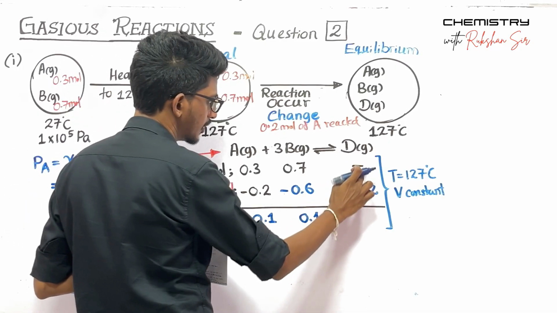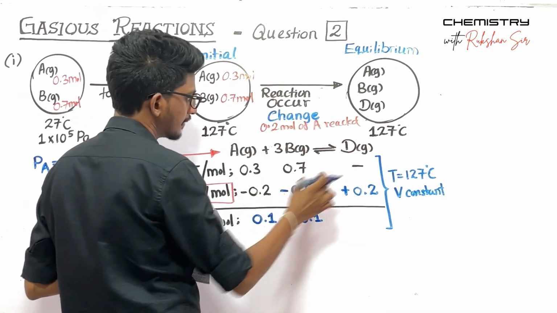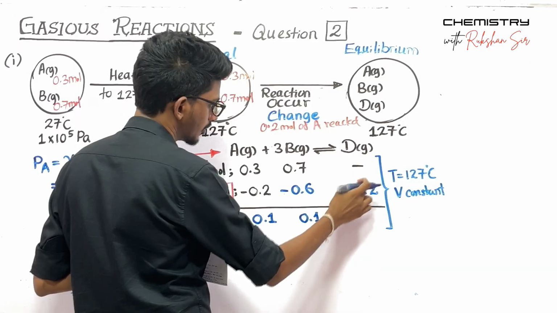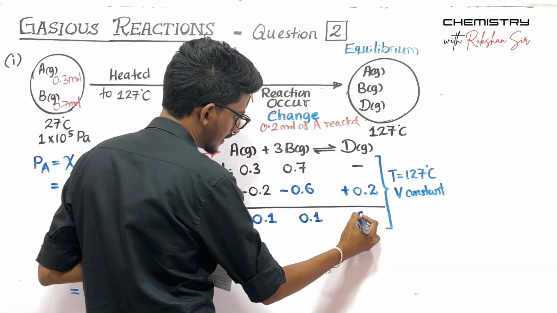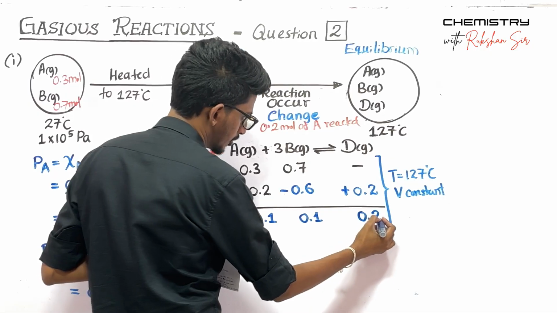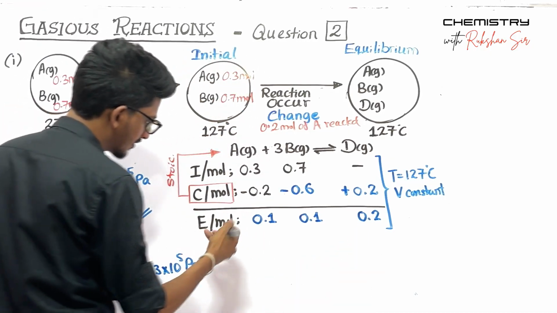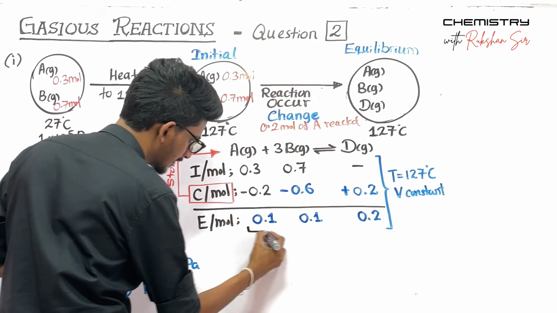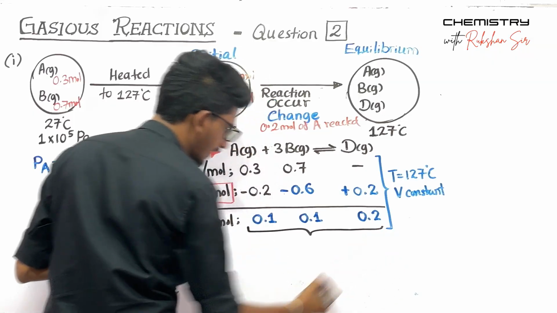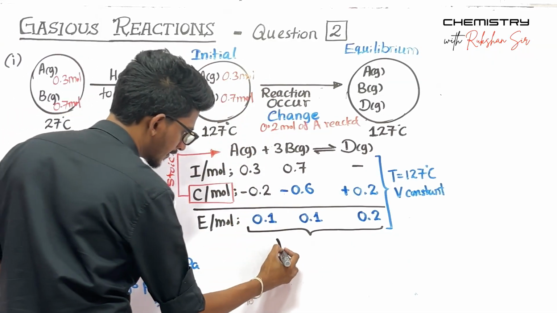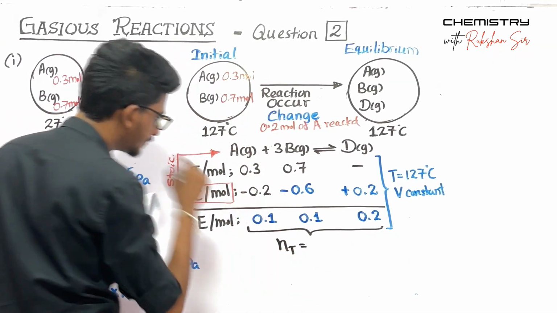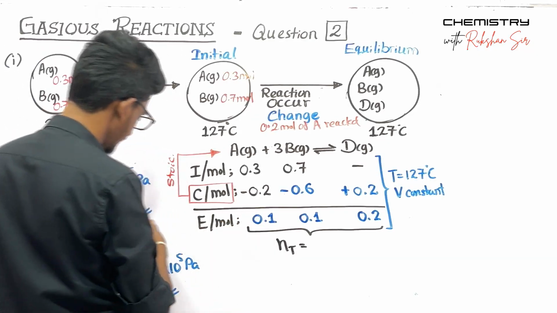And initially you had nothing with the D, but the reaction formed 0.2 moles, that means in the final situation you have 0.2 moles of D. With this reaction table, ultimately this gives you N total as the summation of this as 0.4.